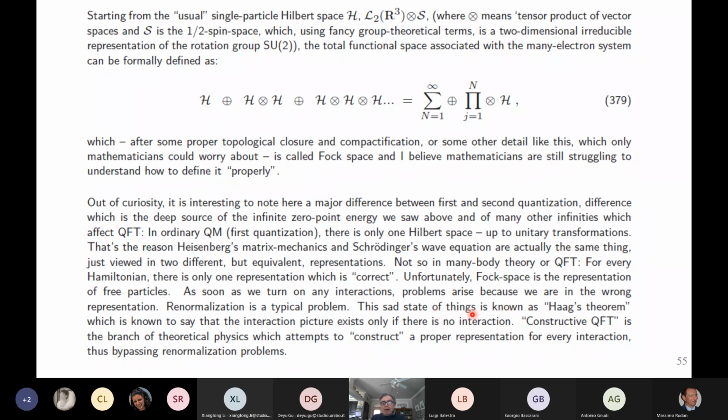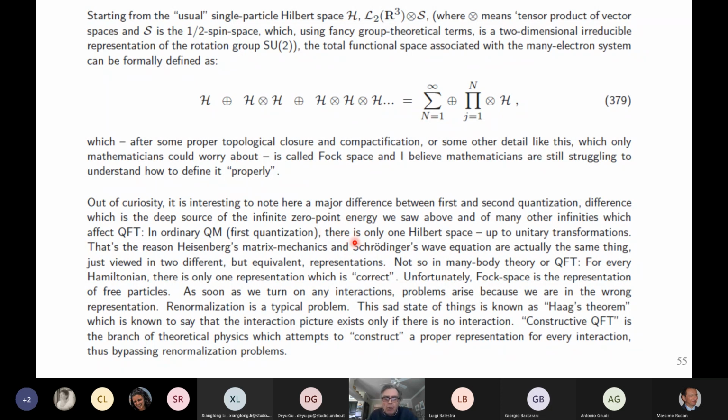And this theorem implies that if I want to solve any problem that I wish in a system of second quantized interacting particles, anything I will write will diverge. Any integral will be infinity. So there is the usual normalization issue.